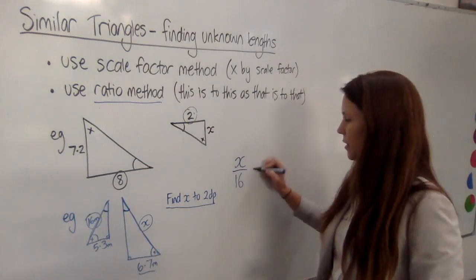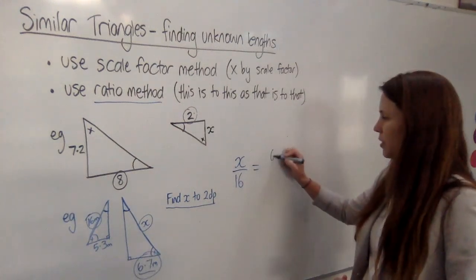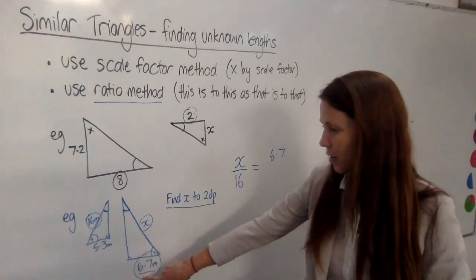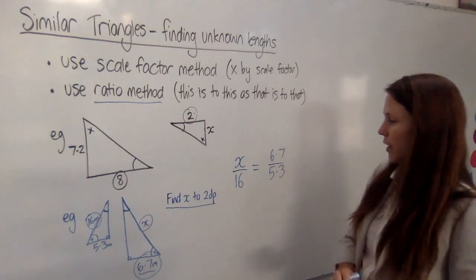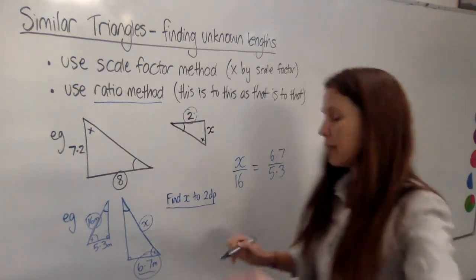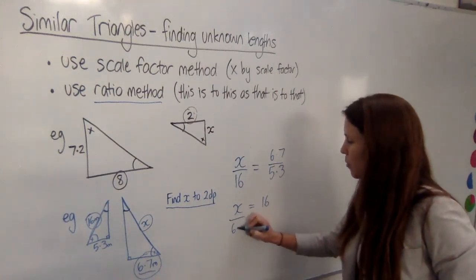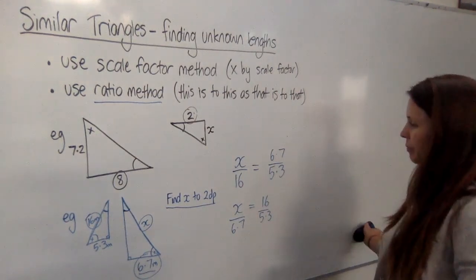X is to 16 as the other side, 6.7, again starting with this triangle, because I started with this triangle, so I have to start with it again, is to 5.3. Okay, I could have also written x is to 16 as 6.7 is to 5.3. I'll get the same answer.